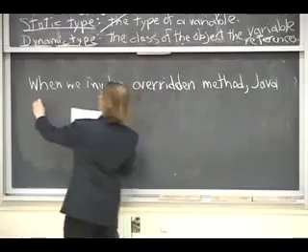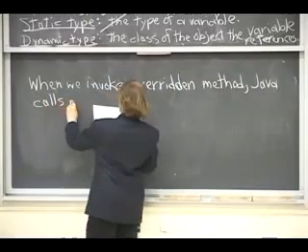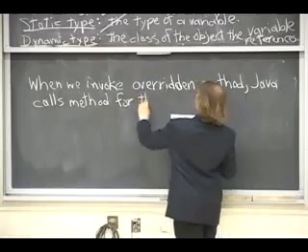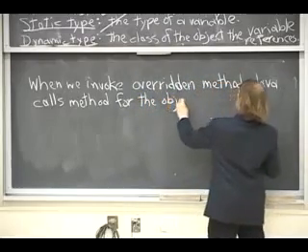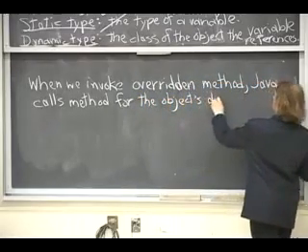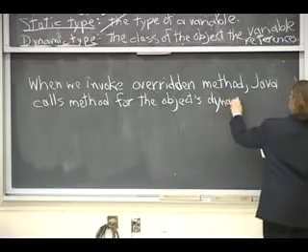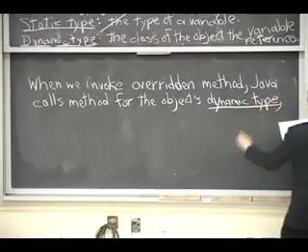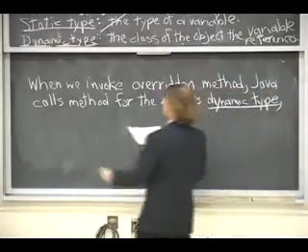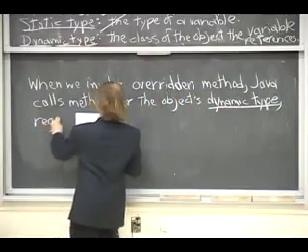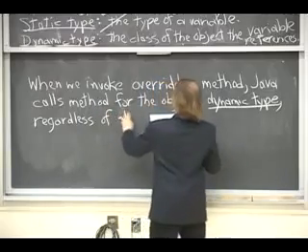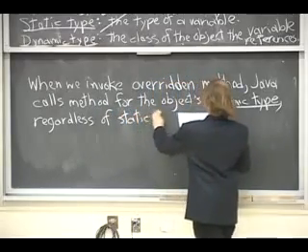Java calls the method for the object's dynamic type, regardless of the static type.